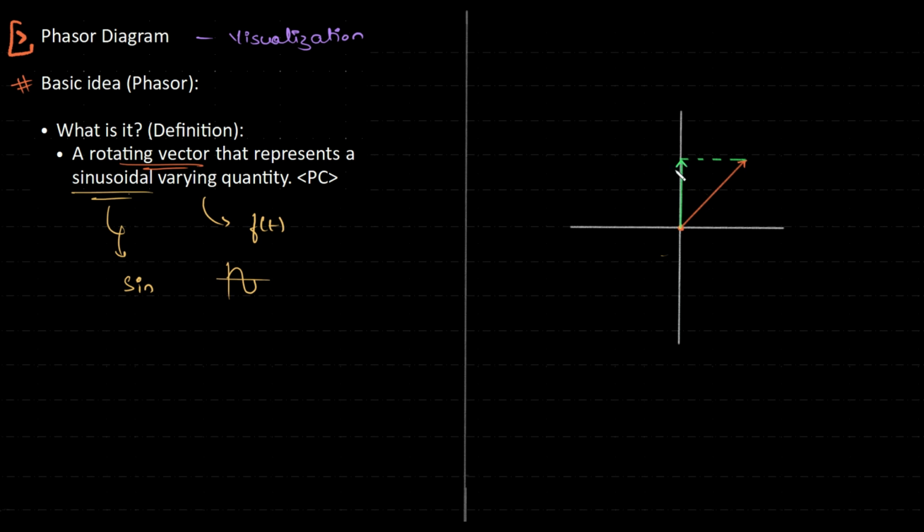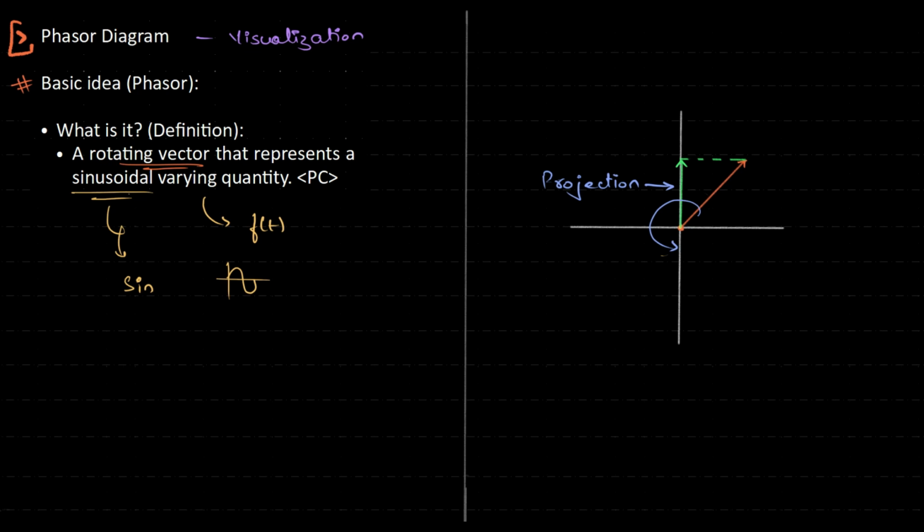This particular value, this projection, if we take all the projections when it goes one complete round, and plot all those values on a graph, we'll get a sine wave.